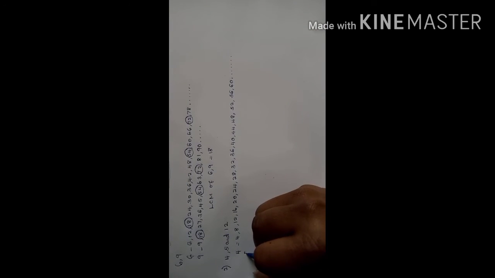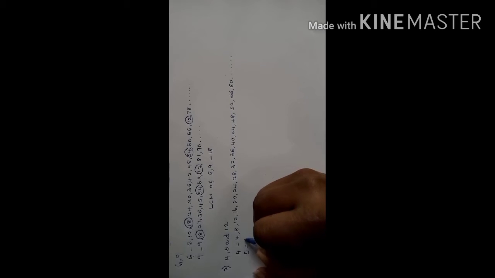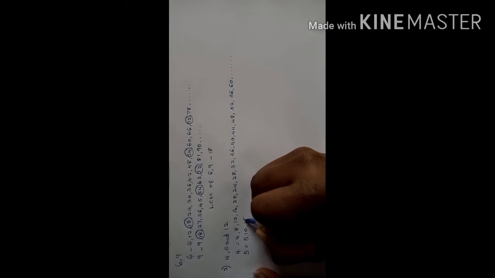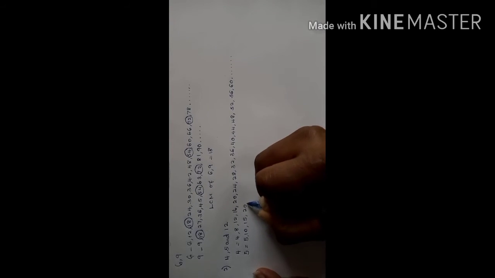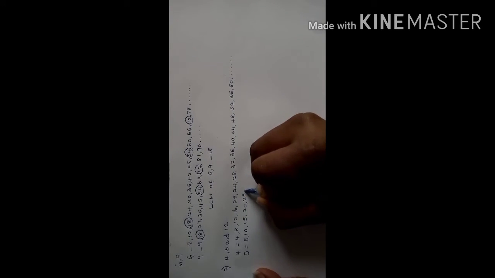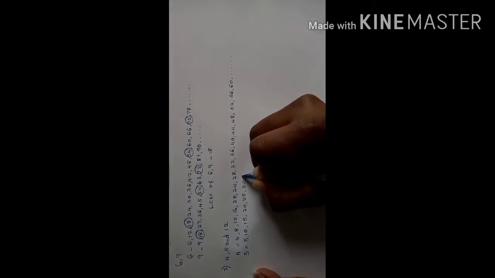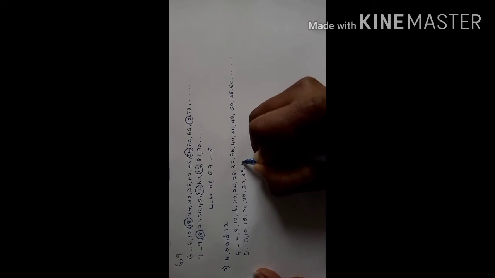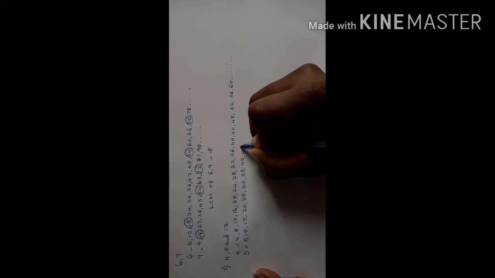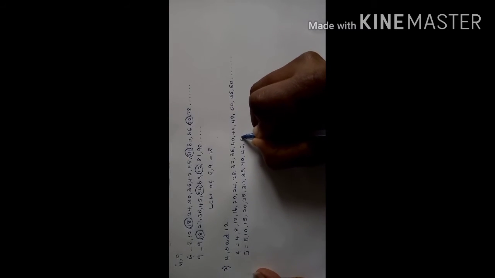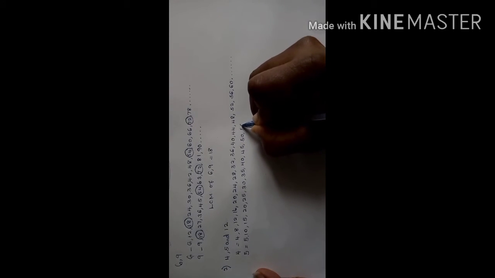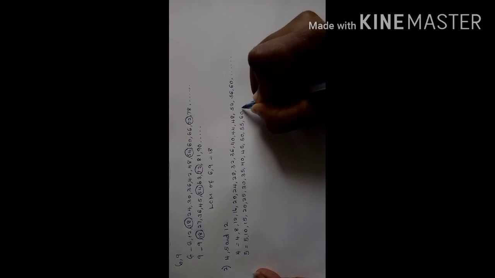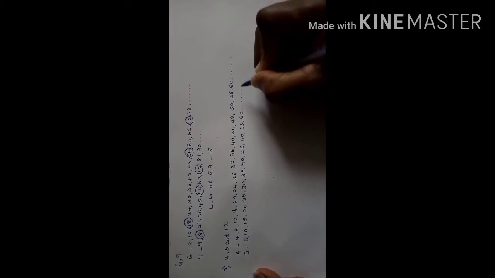And then for 5, multiples of 5 are 5, 10, 15, 20, 25, count with me, 30, 35, 40, 45, 50, 55, 60, and you can continue counting.